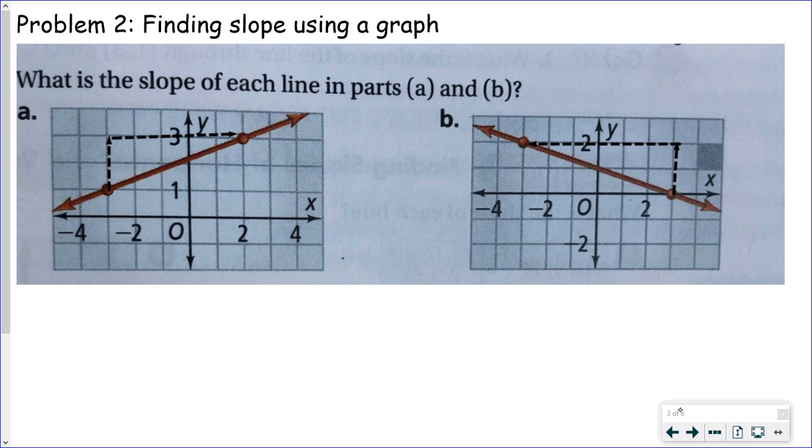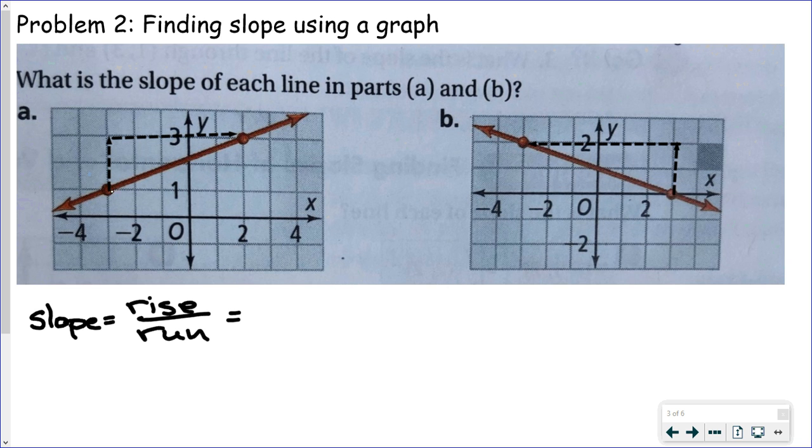All right, so let's look at a couple more examples of this. All right, what is the slope of each line in parts A and B? So here's my 2 points. So again, what I'm going to do here, slope is equal to the rise over the run.